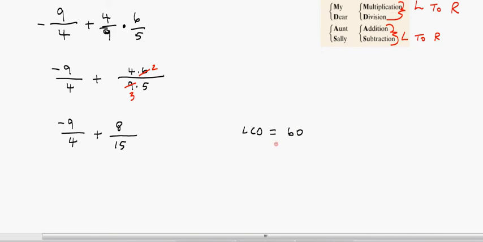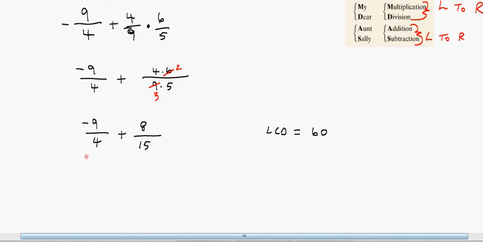So I've got to rewrite both of these fractions so that the denominator is 60. Now, how do we do that? I'm going to have to take this negative 9/4 and multiply it by something. What do I have to multiply it by?